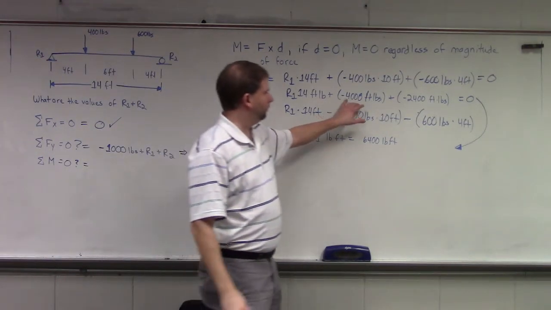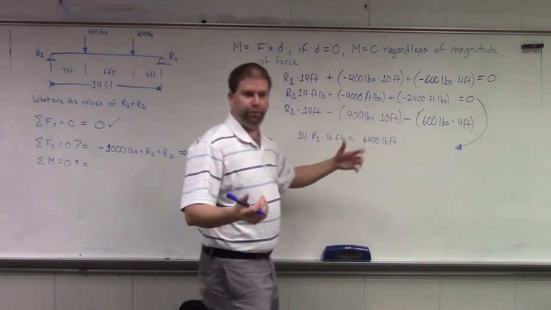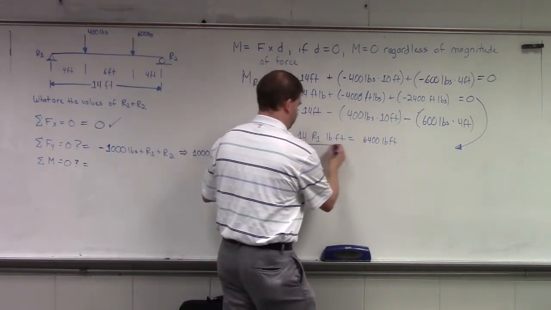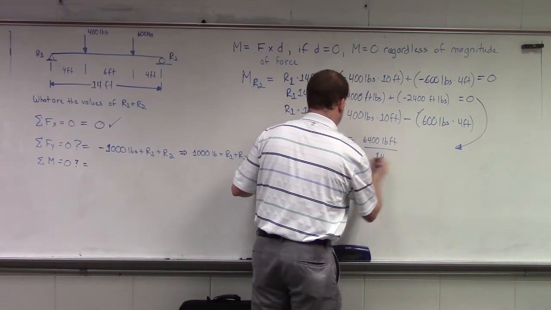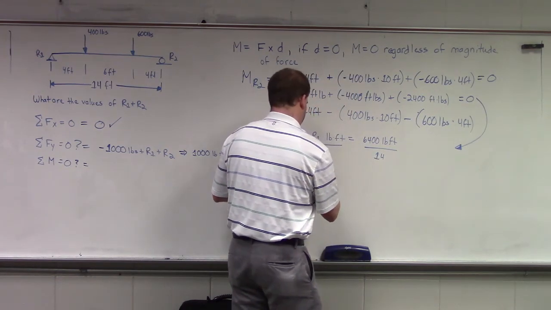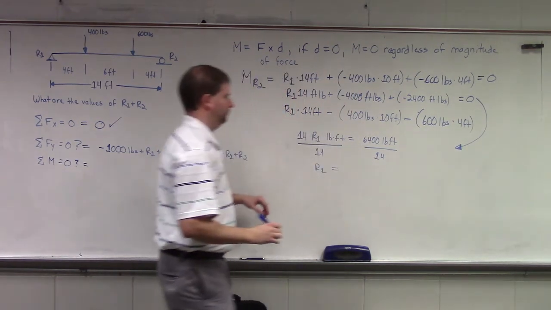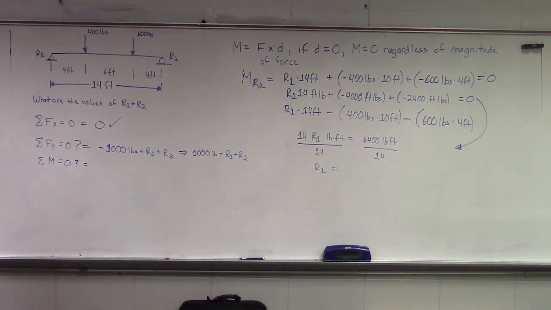And then you get the R1 by yourself, you divide both sides by 14.